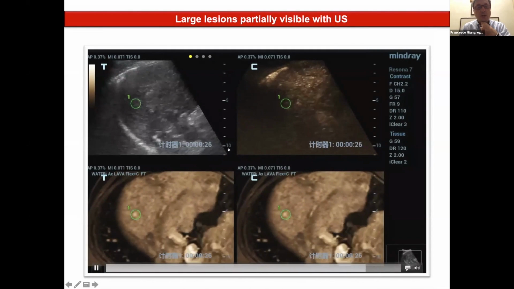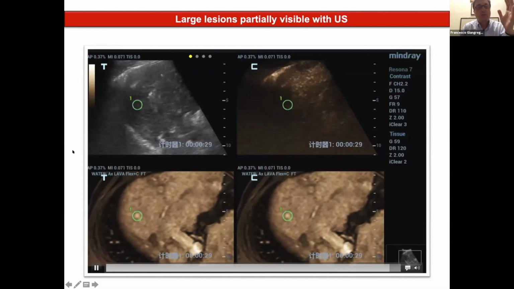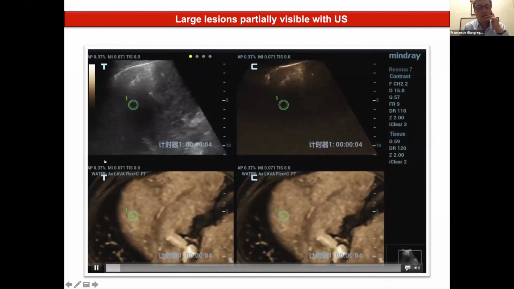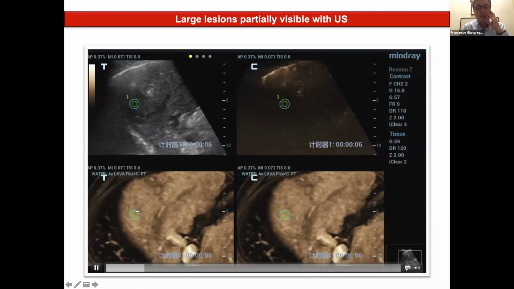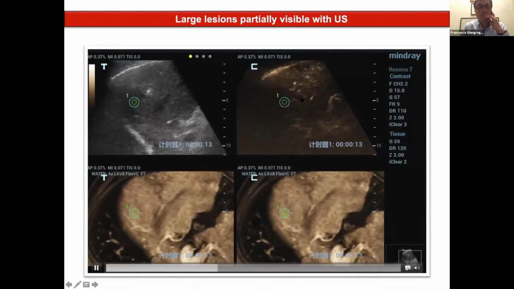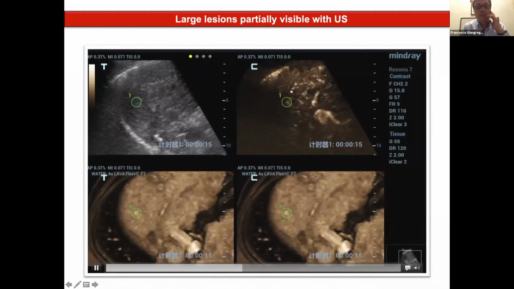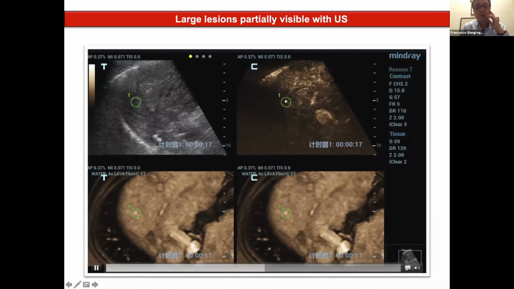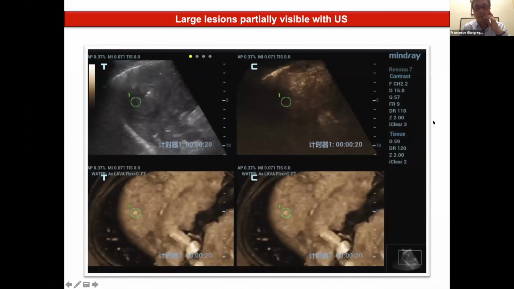So you can superpose the two modalities' images to understand well the nature of this nodule, and to understand how to enter the needle inside the nodule.